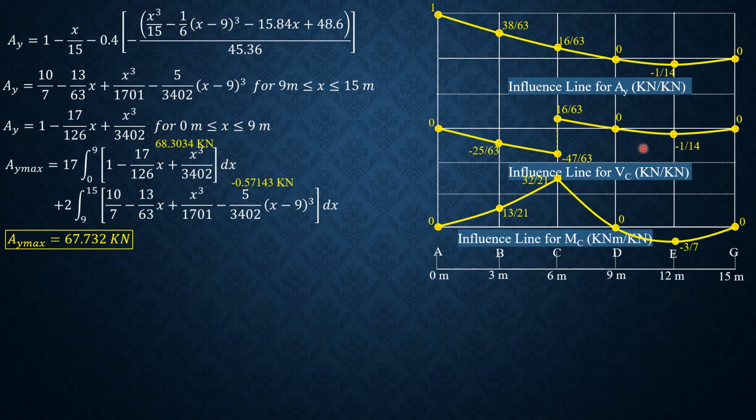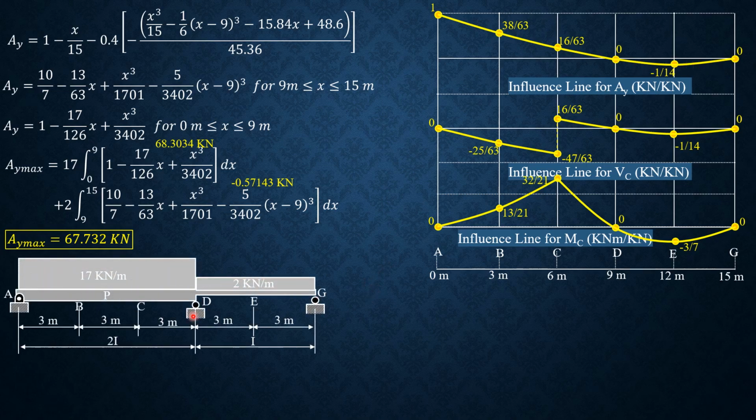But if we analyze this by the three moment equation and with the aid of the Müller-Breslau technique, wherein we have to load this by live load and dead load, and in this part where the area is negative is just the dead load, we can also analyze this by three moment equation, computing the moment at D first.